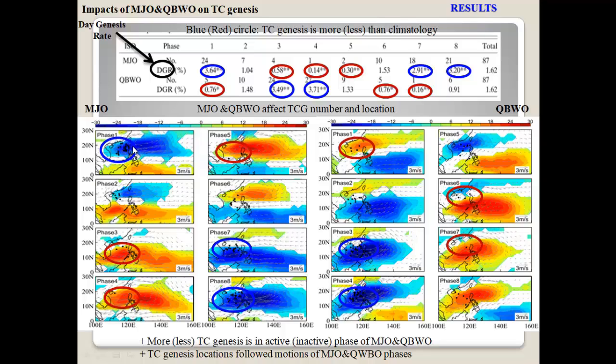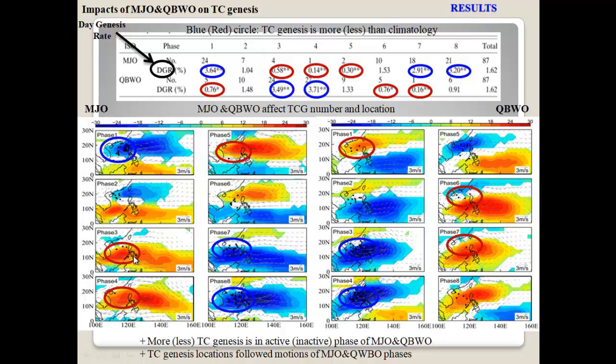It means in these three phases the convective system is very strong. Because the convective system is very strong, the TC genesis number in phases 1, 7 and 8 is much higher than the climatology value.